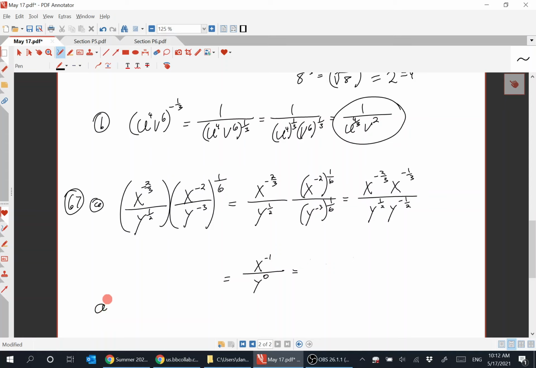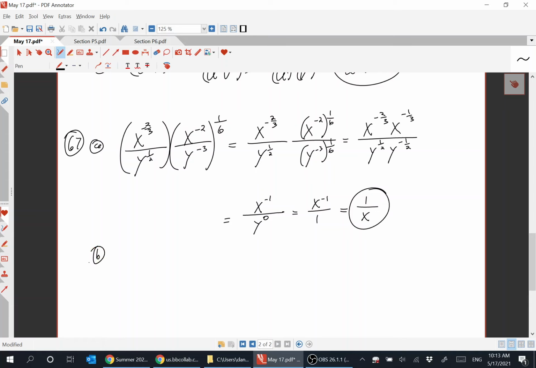For any base, a to the 0 is what? 1. Not 0, 1. A times 0 is 0. A to the 0 power is 1. So that's x to the minus 1 over 1, but just take the negative exponent and bring it down here, and so you just get 1 over x.